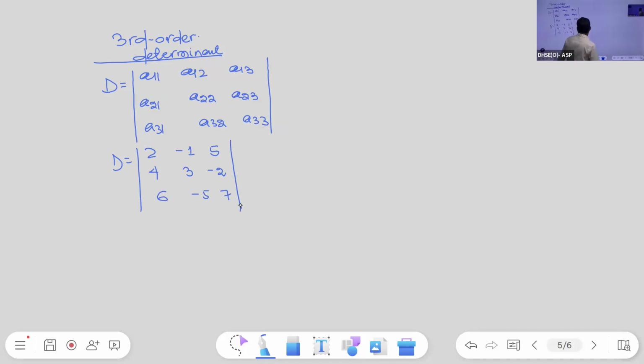Okay. To find the value of a third order determinant, we should know about minor and cofactor of an element with respect to a determinant. Write down minor.